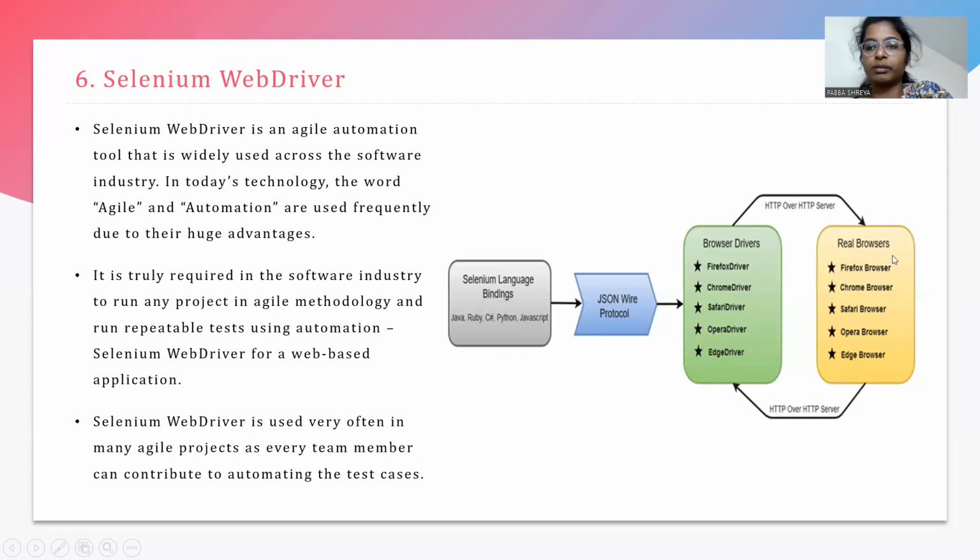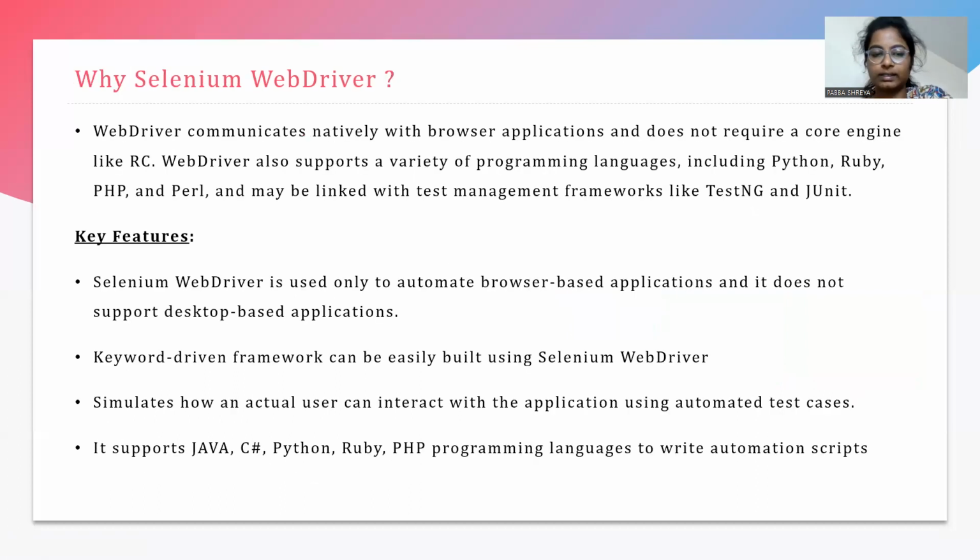It uses the real browsers. And next, Selenium WebDriver is used very often in many agile projects as every team member can contribute to automating the test cases. Why Selenium WebDriver?